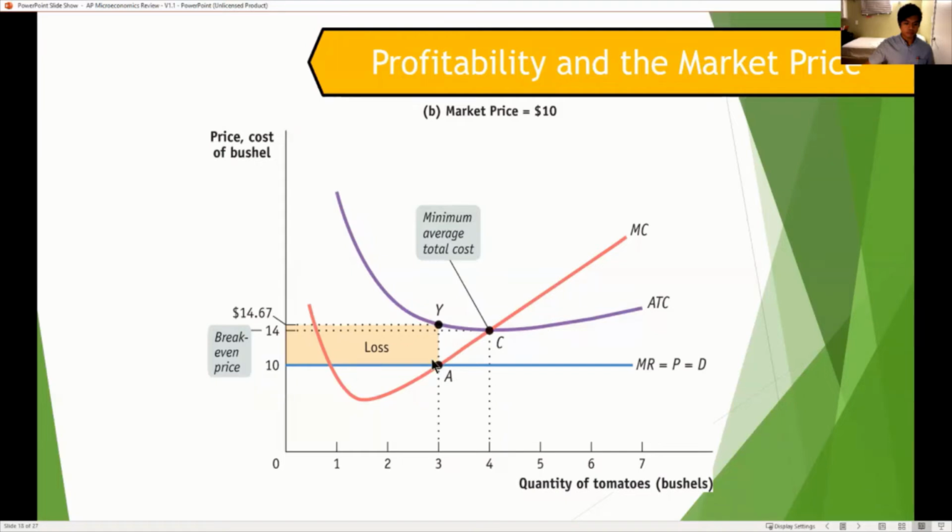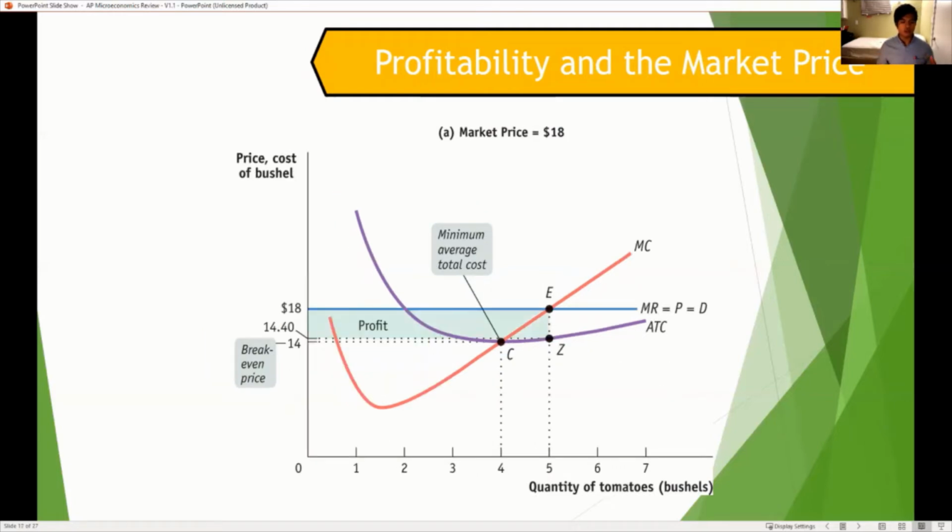Here we have a loss. So pretty much to quickly tell if you have a loss, usually the average total cost curve is above the marginal revenue curve. So I mentioned long run profit is equal to 0, right? How does that happen? Well, firms are going to enter that market because there's profit, which drives supply to the right, increasing supply with a fixed demand curve.